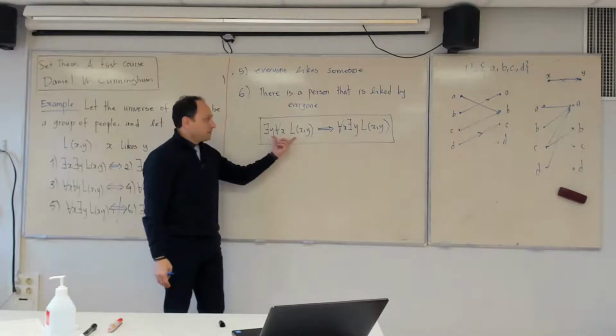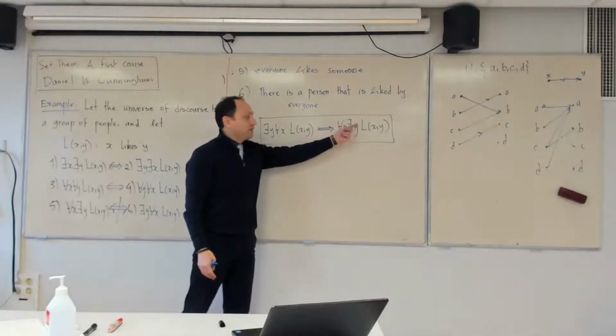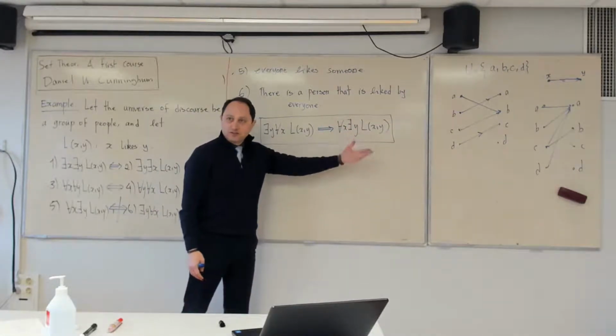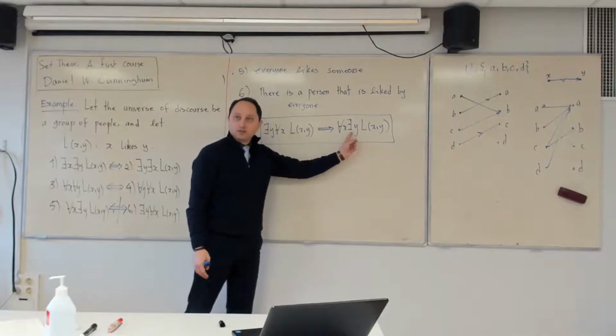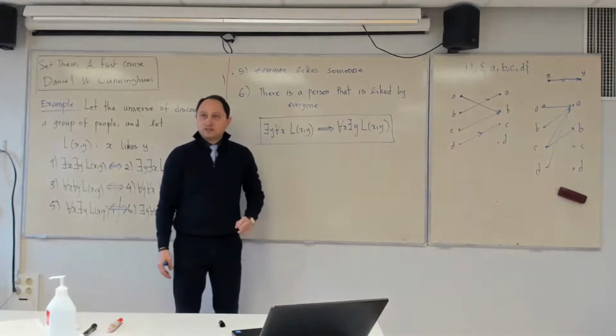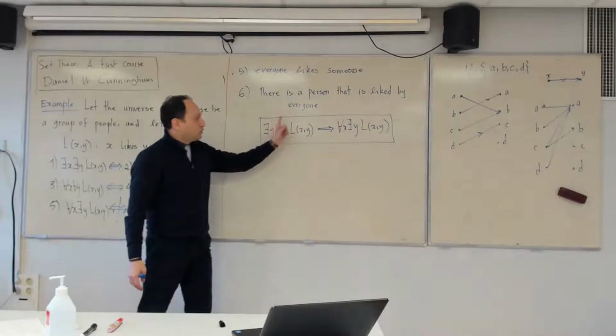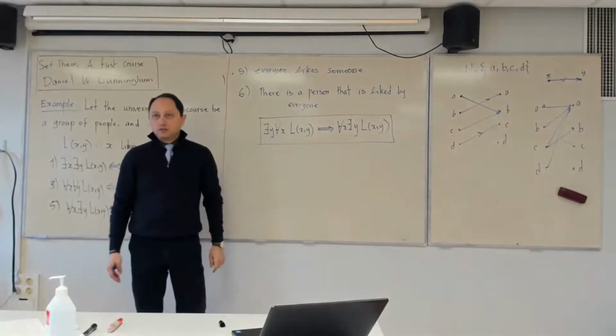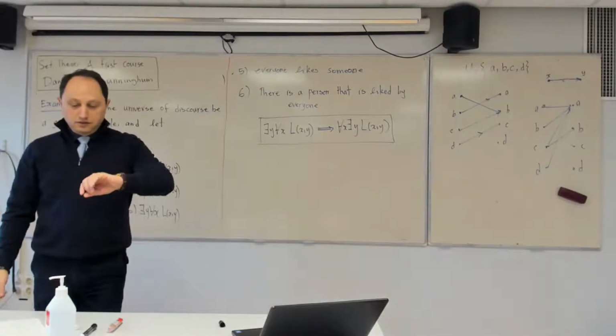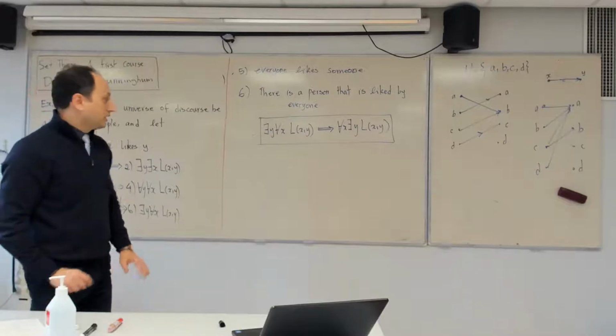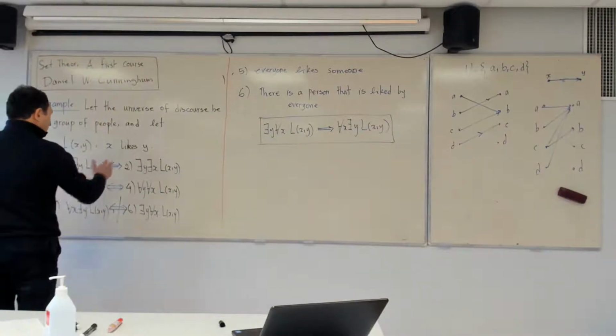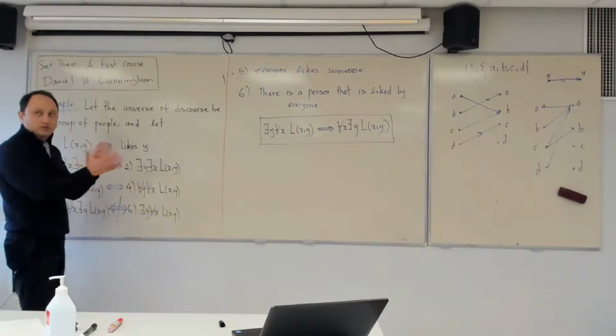If this happens for everyone, you can take that representative. That godfather also plays the role of this someone for this sentence. You understand that? Okay, so this only goes in one direction, but not the other way around. Is that clear?